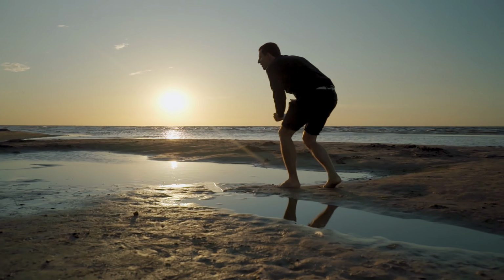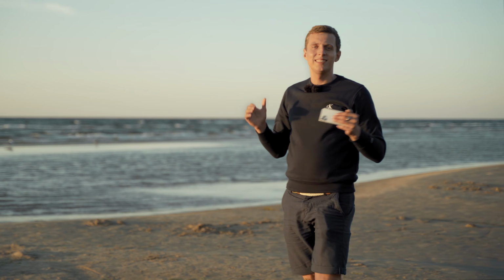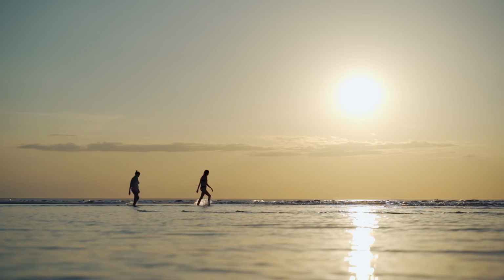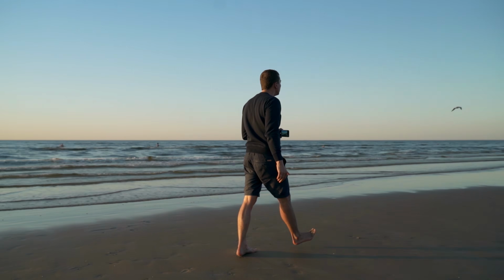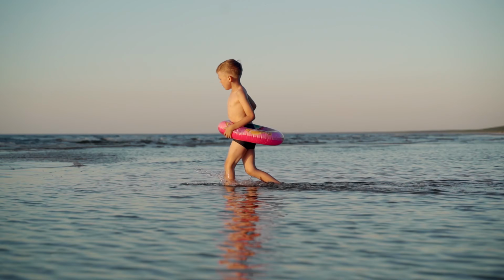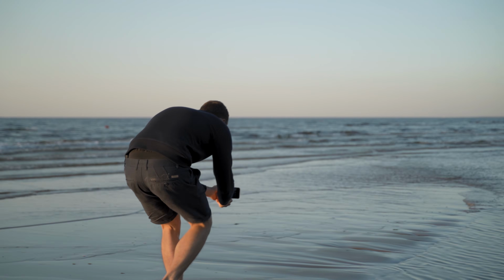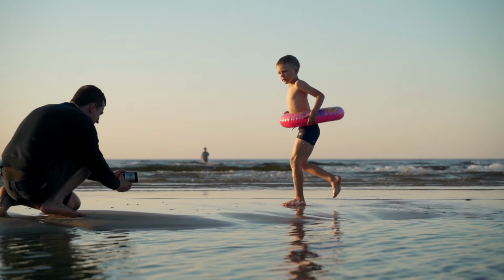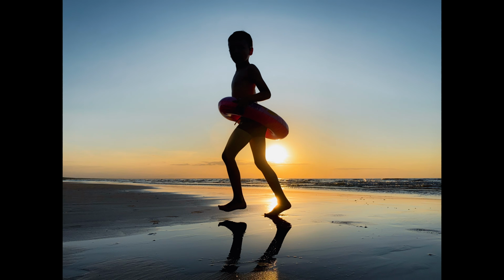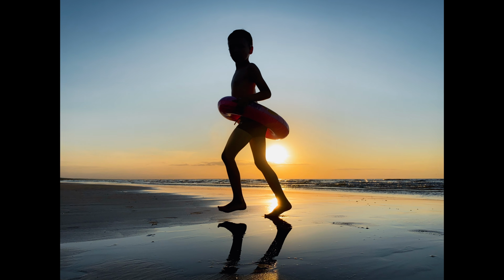But now, let's see what else we can find as that light is starting to get better and better. Now there's a little boy who's about to enter the sea, so I'm going to try to get lower. And that's really turning out interesting.